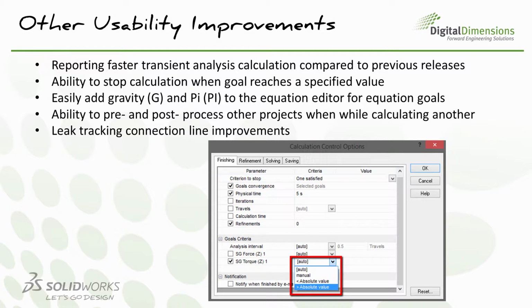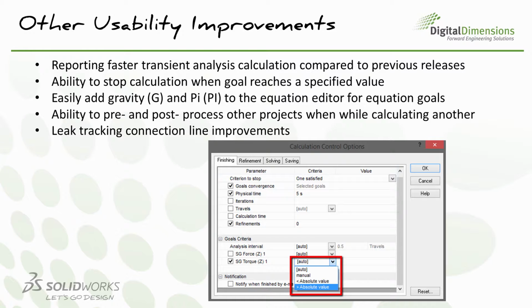Let's talk about some other usability improvements that have been added to Flow Simulation in 2015. The first one is we now have reporting of faster transient analysis calculations compared to earlier versions of SOLIDWORKS. So definitely keep an eye out for that. Another enhancement is the ability to stop your calculation once you reach a certain value.